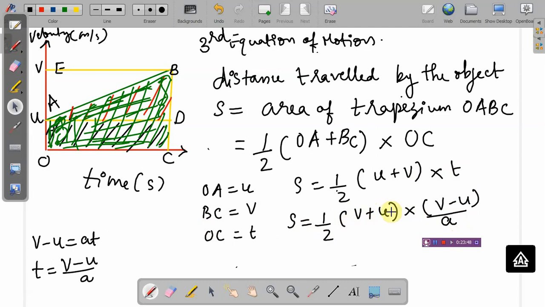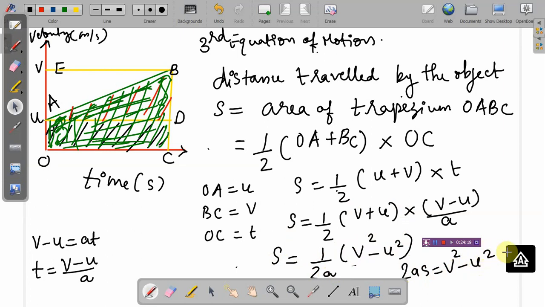So what is V plus U multiplied by V minus U? It's in the form of A plus B multiplied by A minus B, right? So it is A square minus B square. So here it will be S is equal to 1 by 2A multiplied by V square minus U square. If I want to write it in the proper form, I can write 2AS is equal to V square minus U square, or V square is equal to U square plus 2AS. This is how I can derive the third equation of motion.